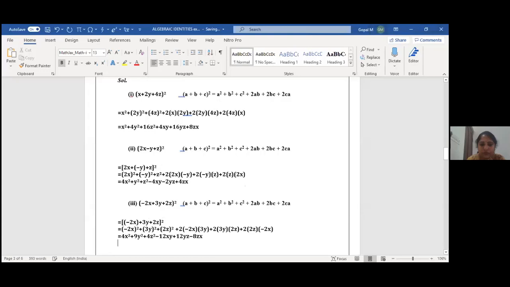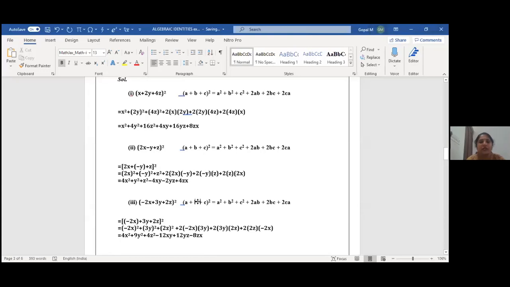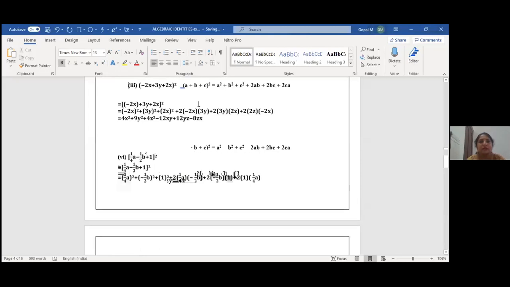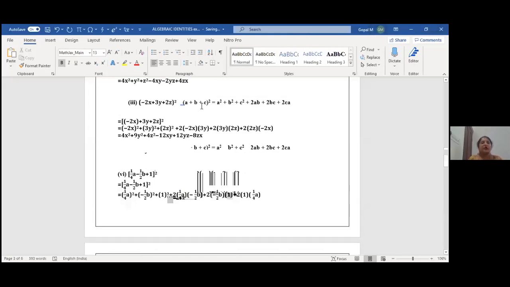Okay, here in this question, A value is minus 2x, B value is 3y, and C value is plus 2z. Am I clear? So here, A plus B plus C whole square identity. In the place of A, I'll put minus 2x. In the place of B, I'll put 3y. In the place of C, I'll put 2z.